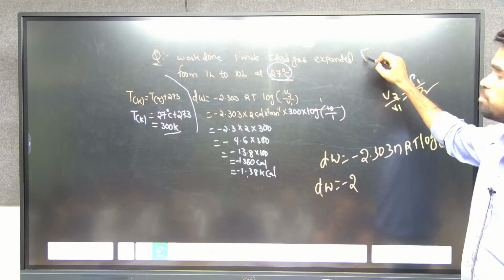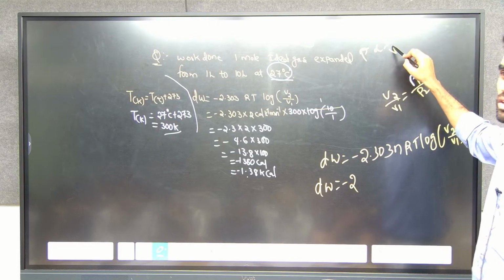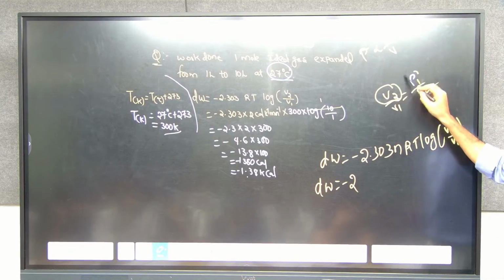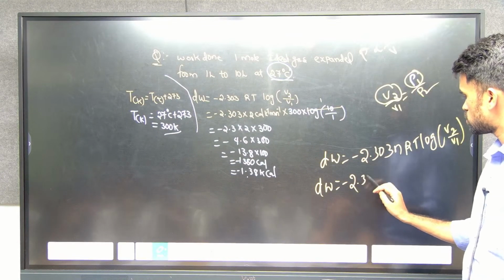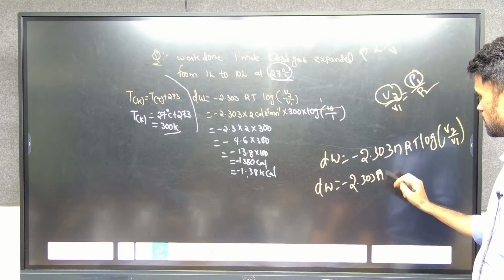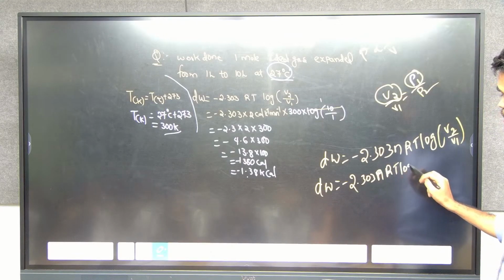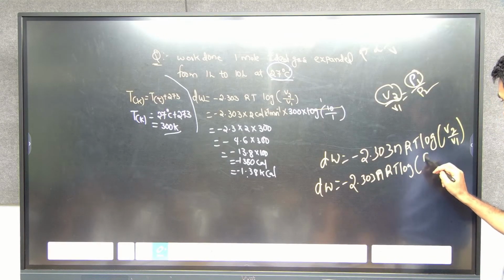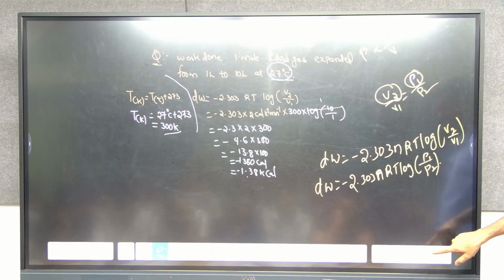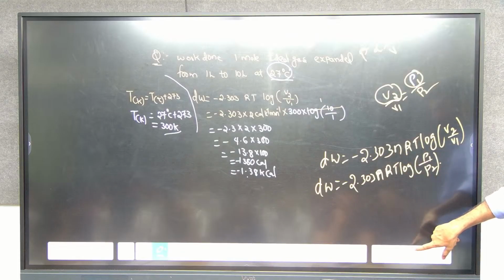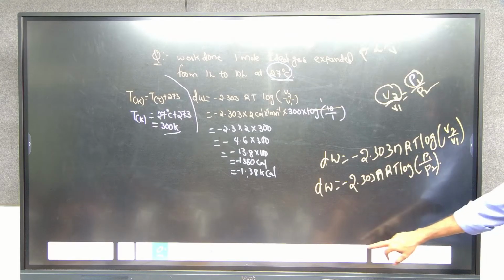P is inversely proportional to V. So wherever you have V2, you write P1, in reverse. So 2.303 nRT log P1 by P2. So these two formulas you make note of.